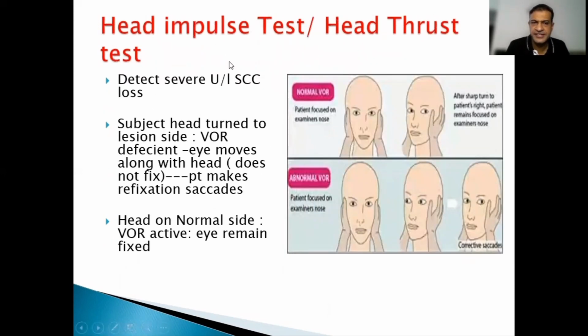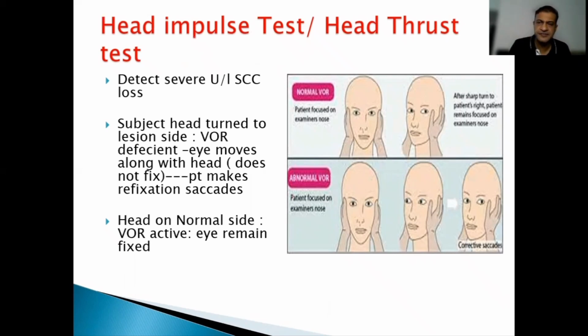The head impulse test or the head thrust test is important to understand the vestibulo-ocular reflex. We hold the head of the person, move the head to the right side, and tell the patient to fix the gaze on the tip of the examiner's nose. When my head moves to one side, the eyes will remain fixed on the tip of the examiner.